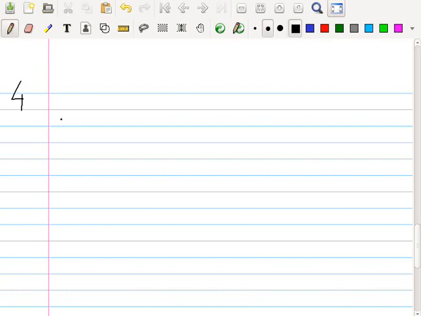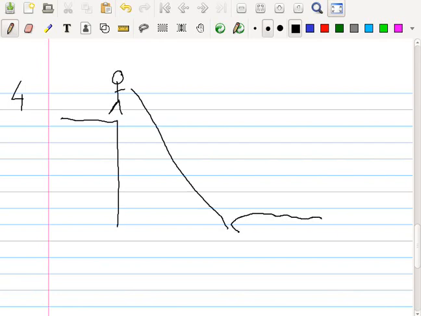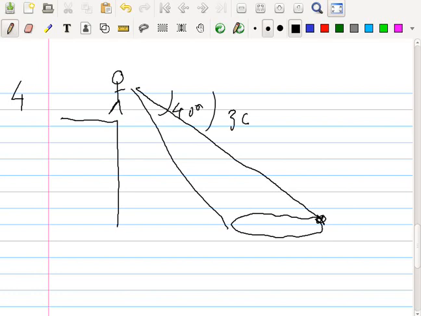Right, so here's the diagram here. Dude's up the top of the cliff. He looks down at an island. And the two angles are 40, and then the other angle here for the end of the island is 30.